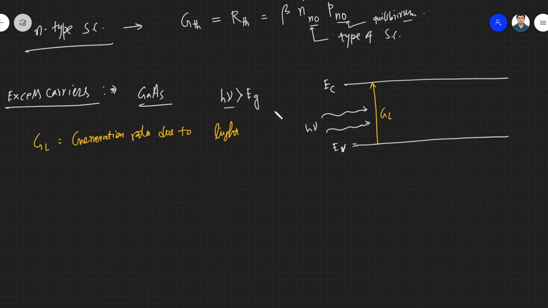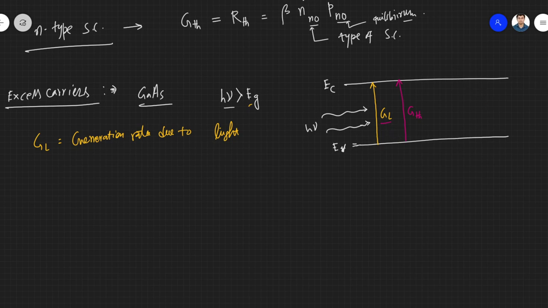If you shine higher intensity light, G_L will increase. It also depends on the wavelength we shine: the photon energy has to be greater than the band gap, then only it gets absorbed. Along with this, we also have thermal generation, which is always present at a particular temperature. So G_TH is constant and always there, but on top of it we have this light generation.